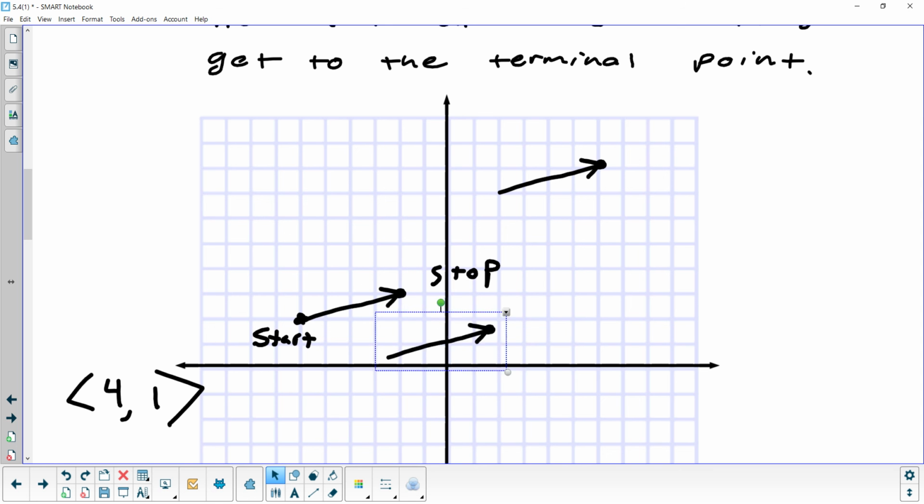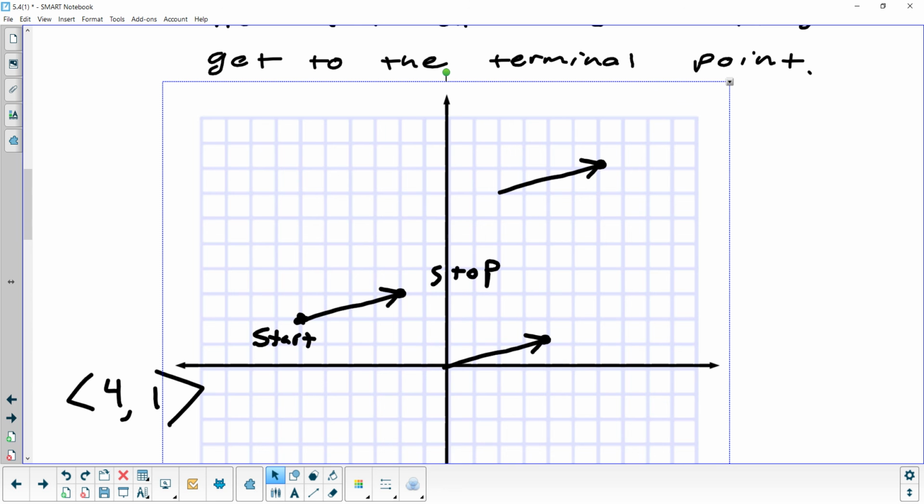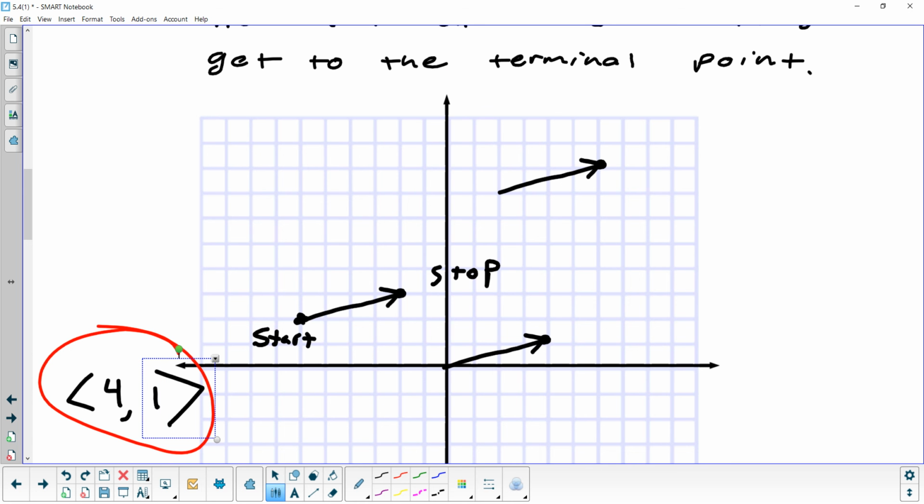This is also the vector 4, 1. So what does this notation not really tell you? I mean, it tells you something, but it doesn't tell you something else, yeah? What quadrant? Yeah, it doesn't tell you where to put it. All it tells you is start somewhere, anywhere, and go 4 units right, 1 unit up. But it doesn't tell you where to start.